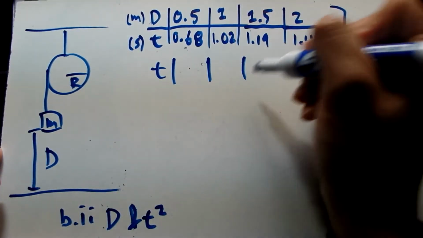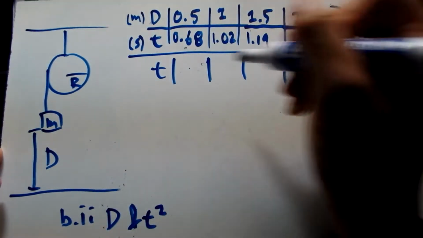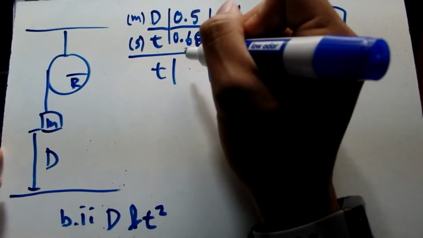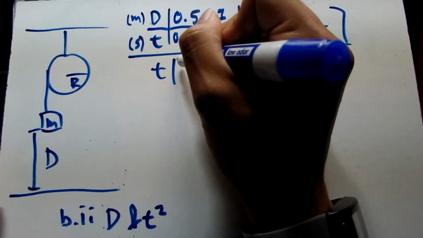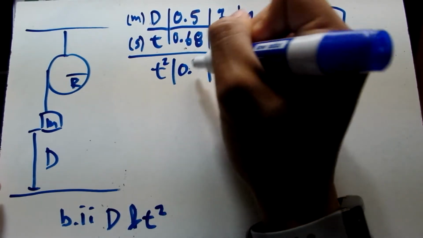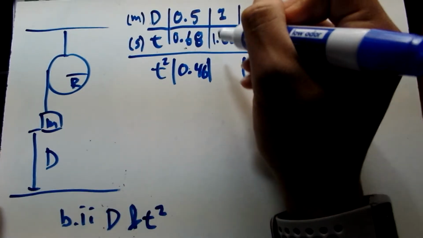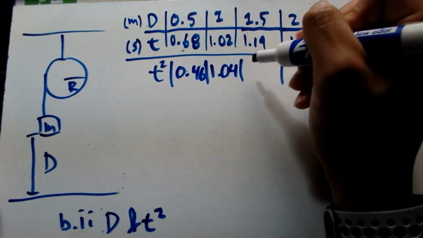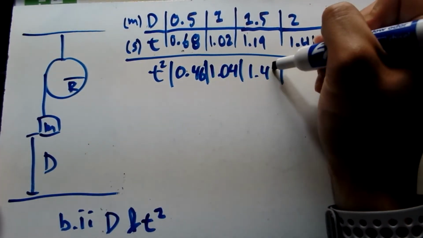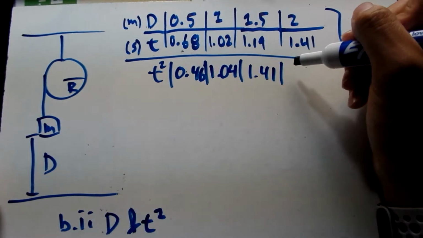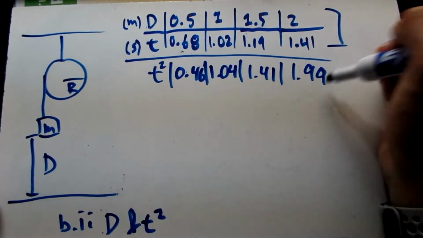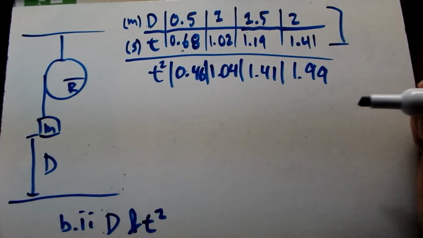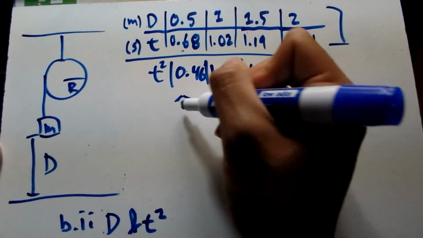For 0.68 it would be 0.46. For 1.02 that would be 1.04. For 1.19 that would be 1.41. And for 1.41 that would be 1.99, rounded to the nearest hundredth. So now we can graph it.